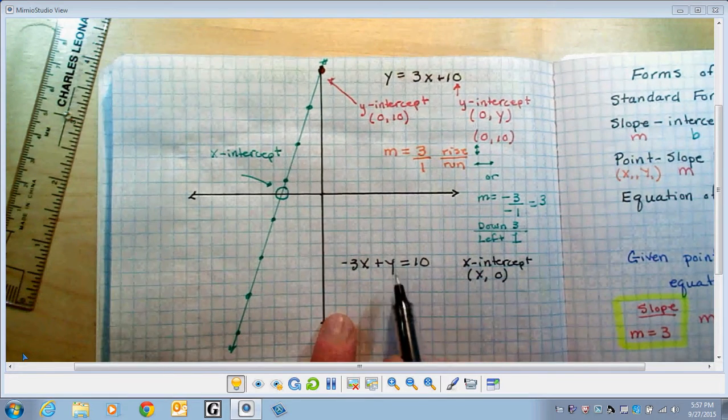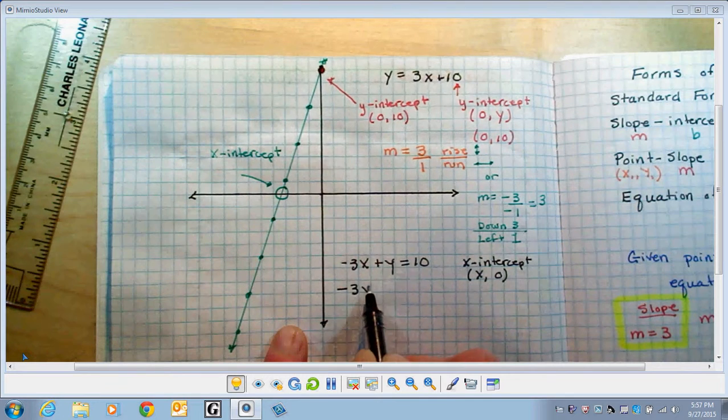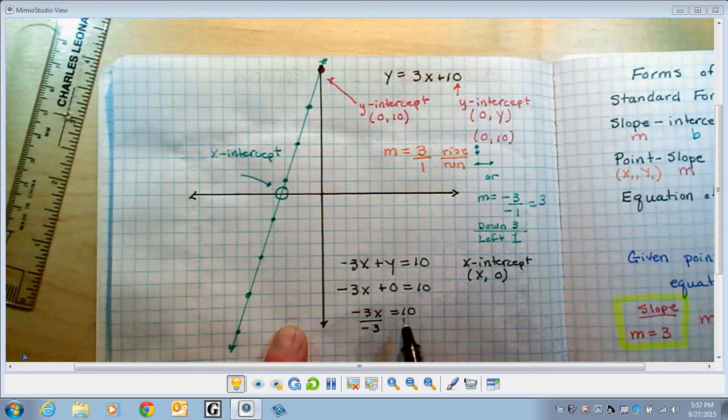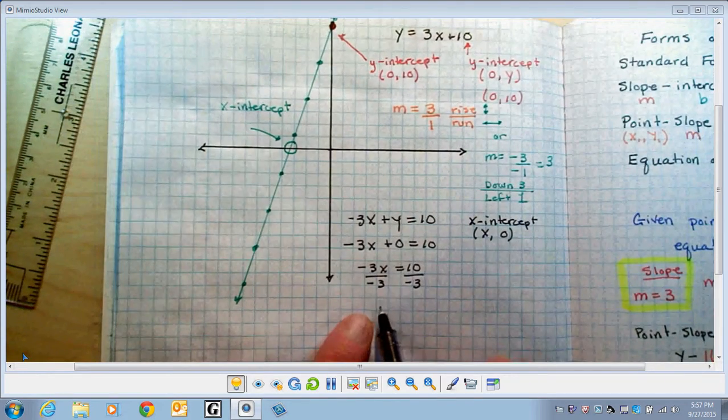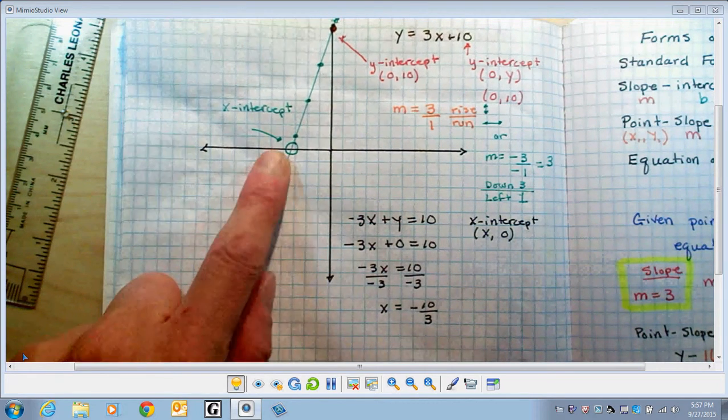So that means my y becomes a 0. So that means I have -3x plus 0 equals 10. -3x equals 10. Divide both sides of my equation by -3, and I get x is equal to -10 thirds. Okay? So that's what that number is right there.